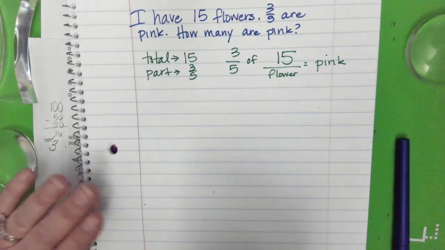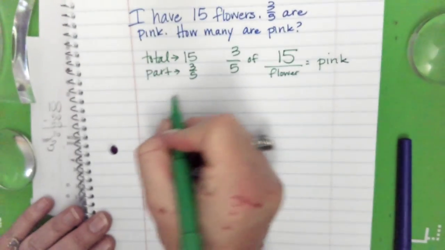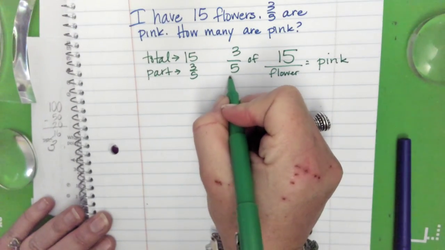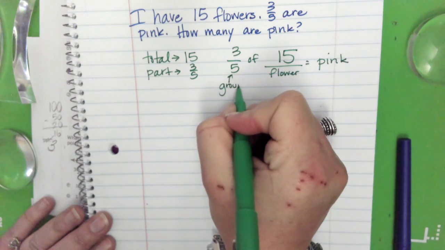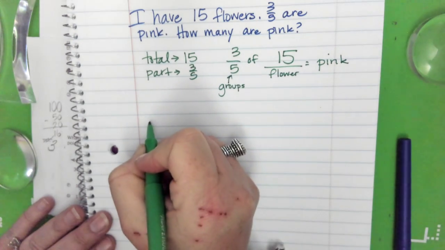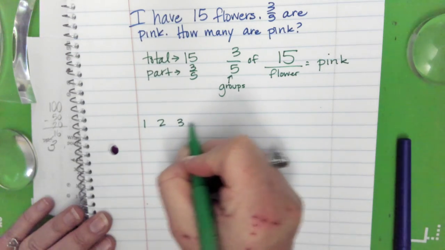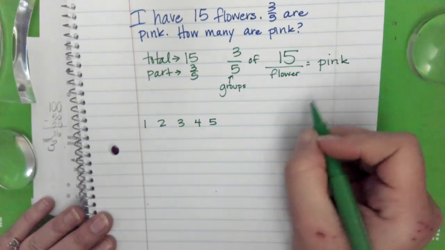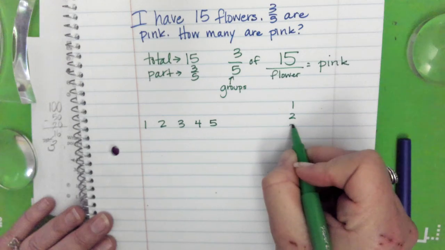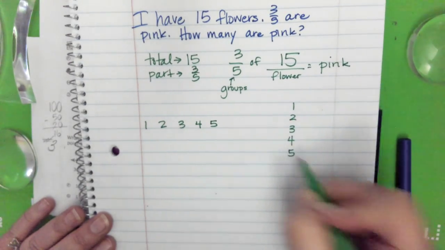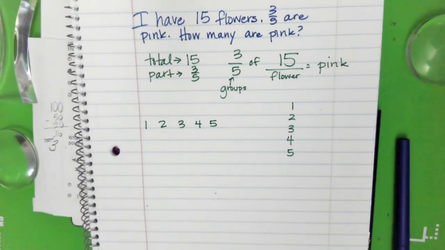All right. Here we go. So I'm going to have how many groups? 5 groups. Good job, Adeline. So I'm going to show you 2 different ways. You can do this 2 different ways. 1 group, 2 groups, 3 groups, 4 groups, 5 groups. Or I can have them go in horizontally. So I have 5 groups.